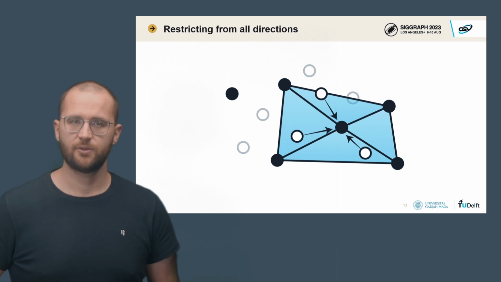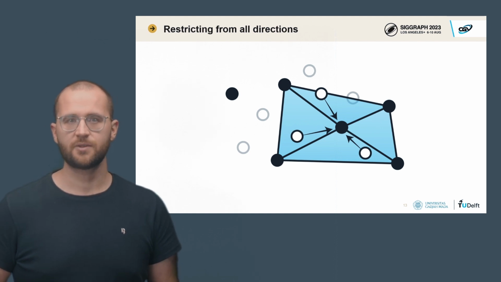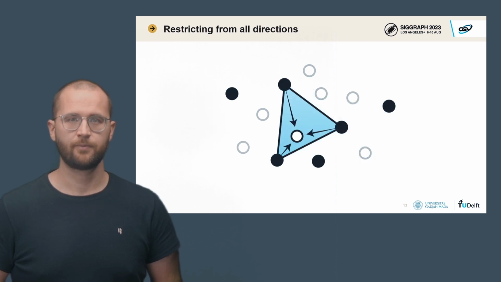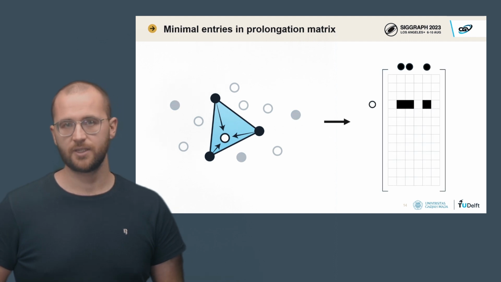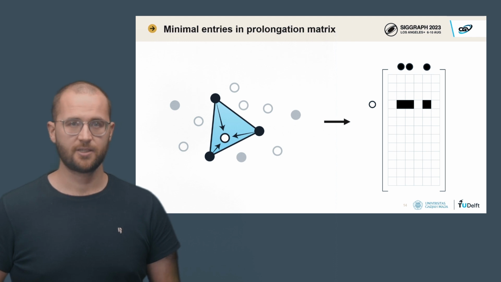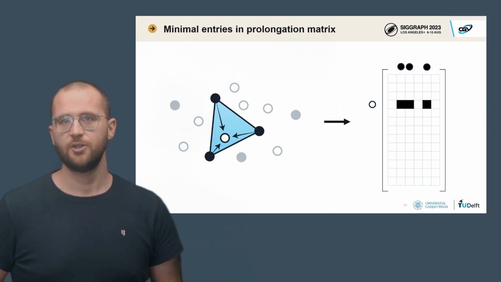Vice versa, during restriction, each coarse point always receives information from multiple directions around the points. Finally, we keep the number of points in each row of the prolongation matrix to a minimum, only 3. This results in fast operations, like sparse matrix multiplication, during solving.